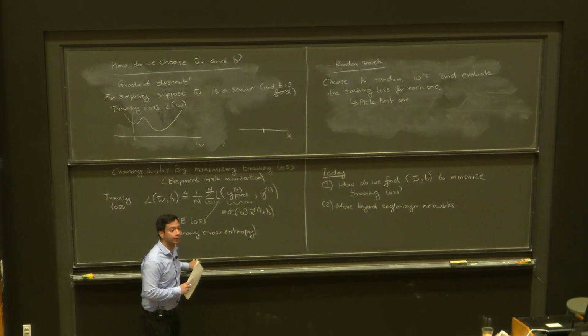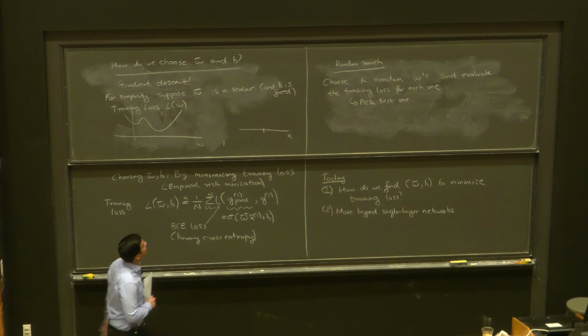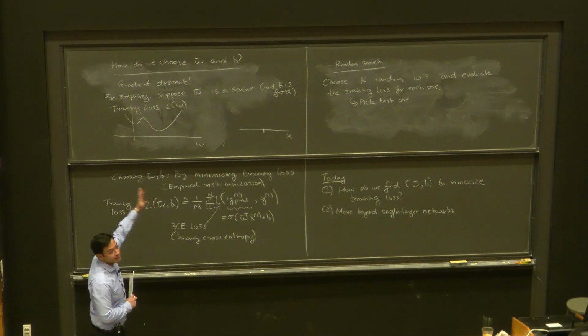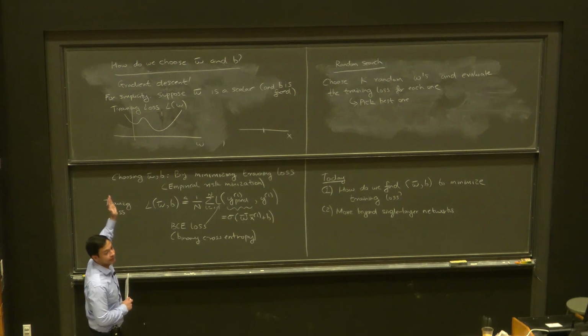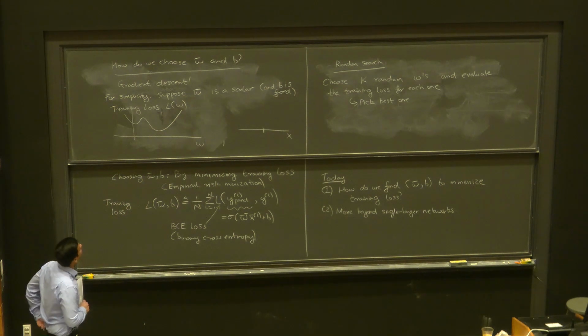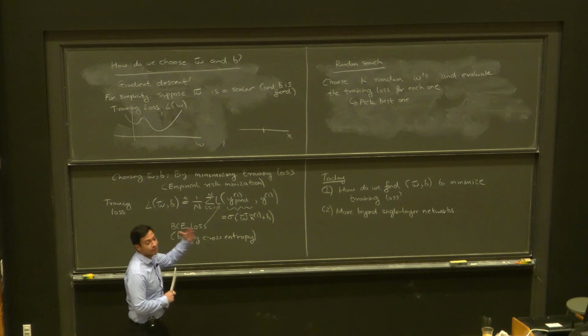Go ahead. Why would you want to pick them randomly instead of uniformly dispersing them across the available range of W's? Yeah, you could do that as well, especially if W is a scalar. You can just discretize and pick the one that gives you the smallest loss. In a higher dimensional space, it might be harder to discretize.